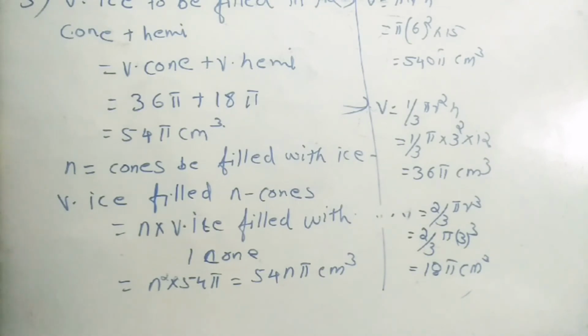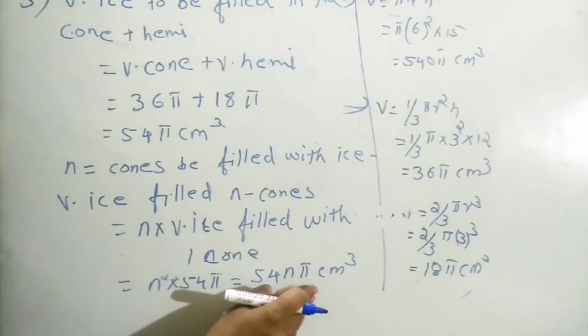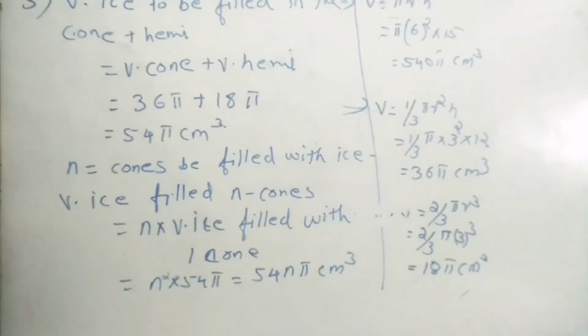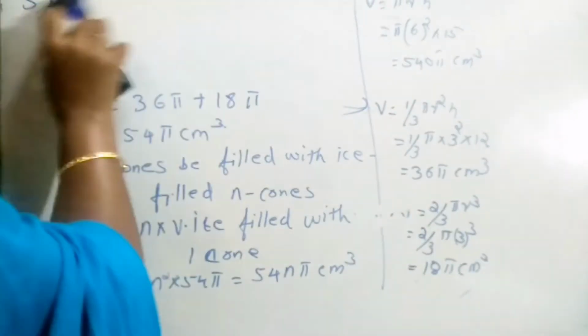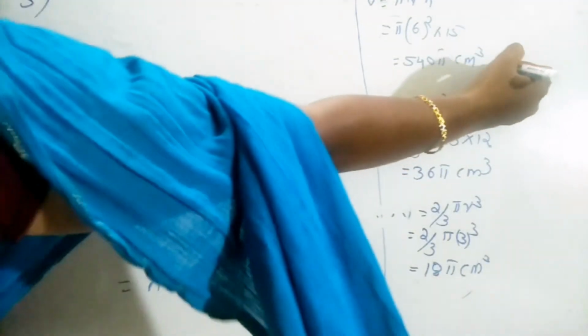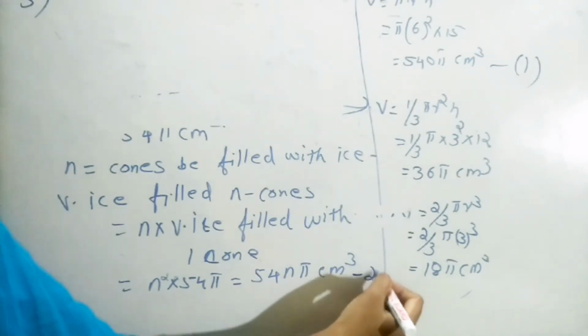Now, according to the question, this much ice cream we can fill in n cones, and in total we have 540 pi ice cream. So these two values should be equal. Suppose this is equation number 1 and this is equation number 2.